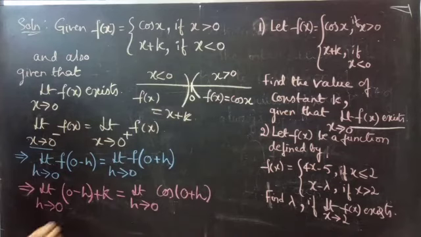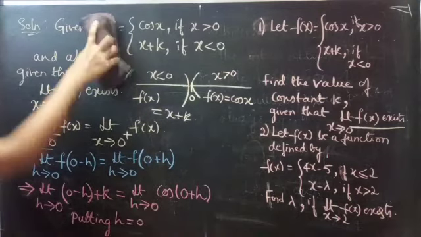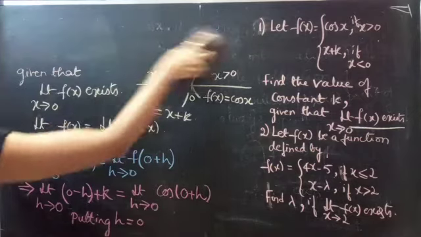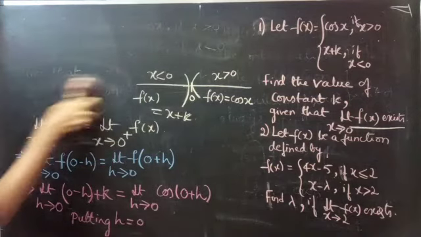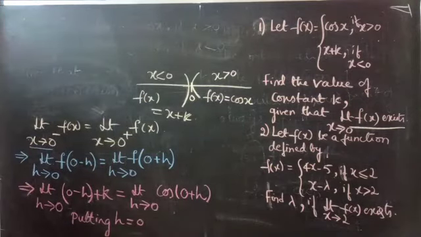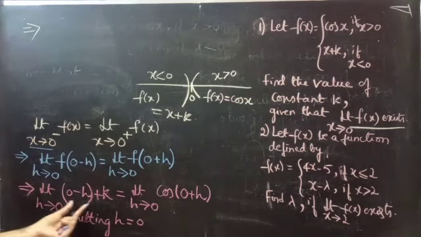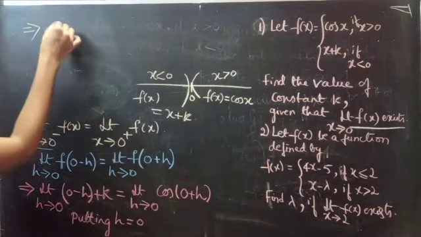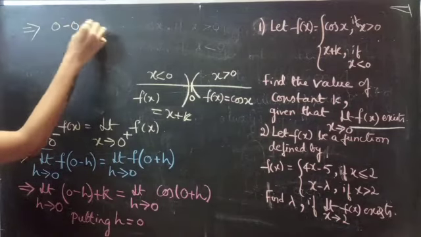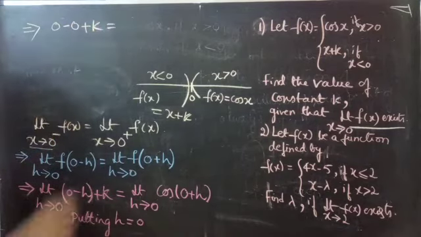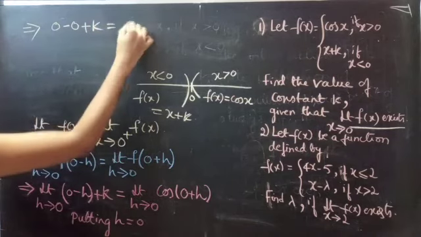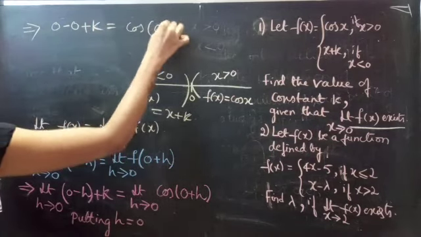Okay. Now, putting h equals 0, this implies, if you substitute h equals 0, you'll get 0 minus 0 plus k equals cos of 0 plus 0.